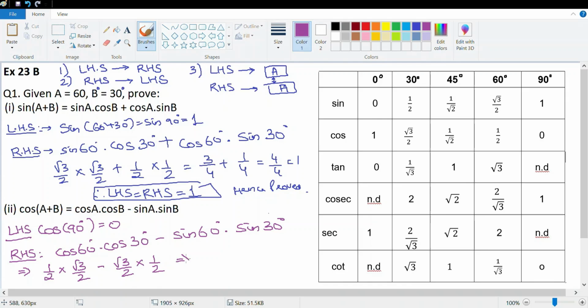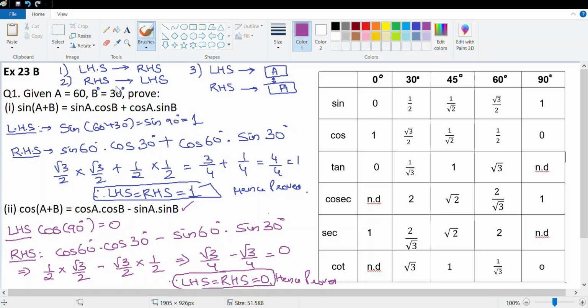So the first term is root 3 upon 4, the second term is also root 3 upon 4, which is equal to 0. Since LHS is equal to RHS is equal to 0, hence proved. So we've been able to prove that left hand side and right hand side are equal to 0, hence left hand side is equal to right hand side. Done. Let's look at the next question.